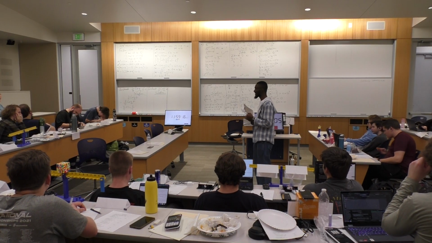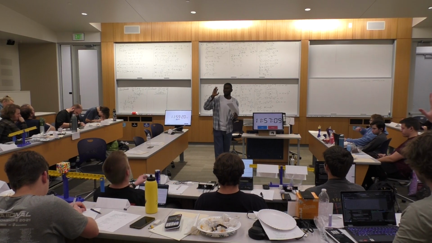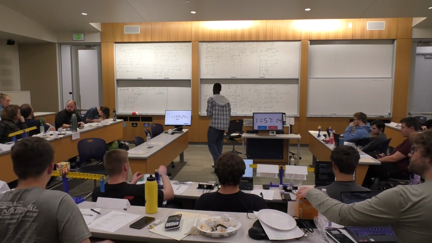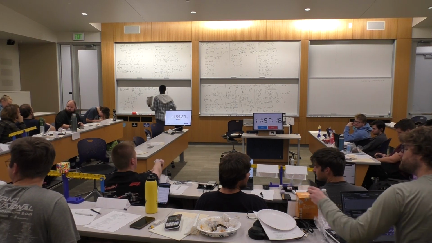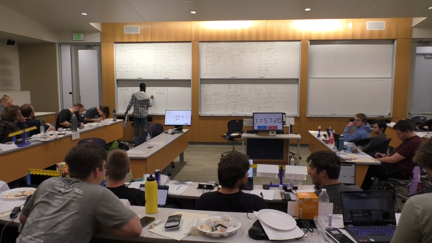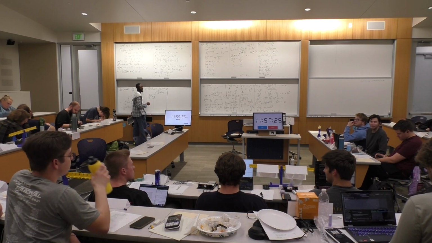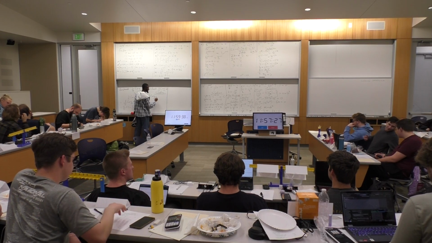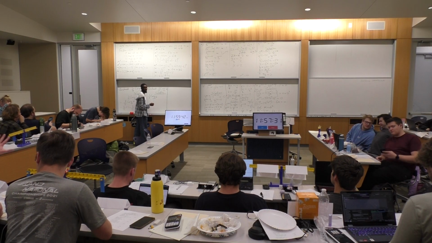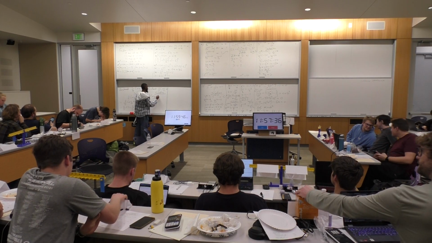So, what's our answer? I got 5 over 2. Who got the same thing? Everyone got 5 over 2. Okay, let's see. So from this, we have 1 over 2 log base 2. 32 is 2 raised to the power what? 5. 2 to the power of 5 is 32.